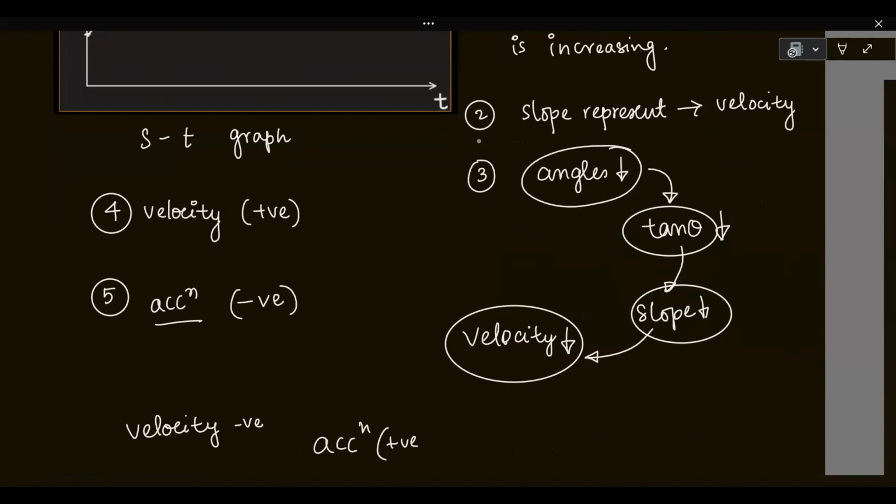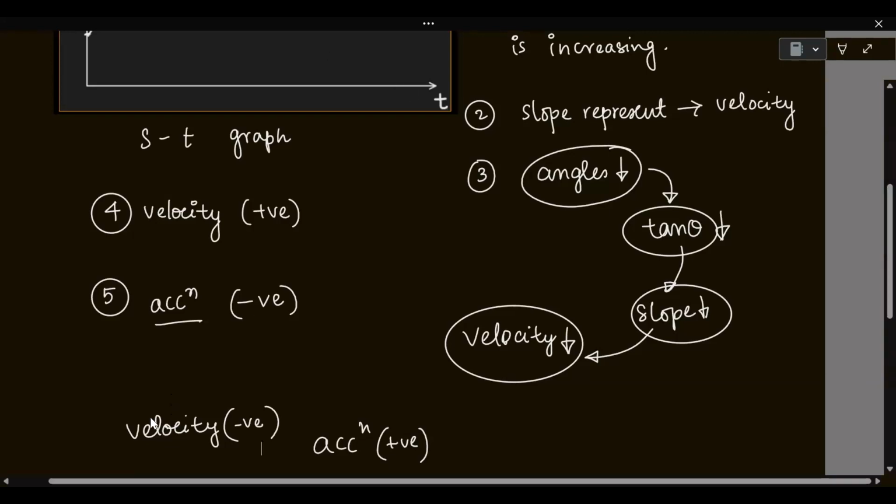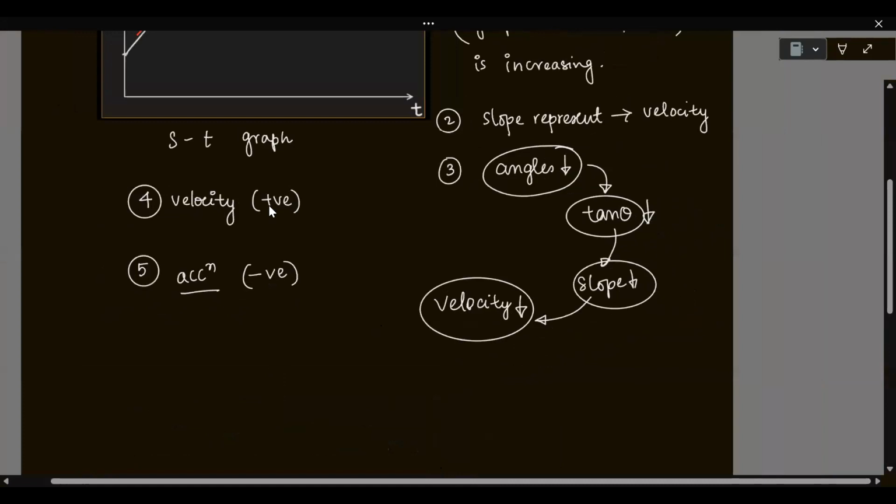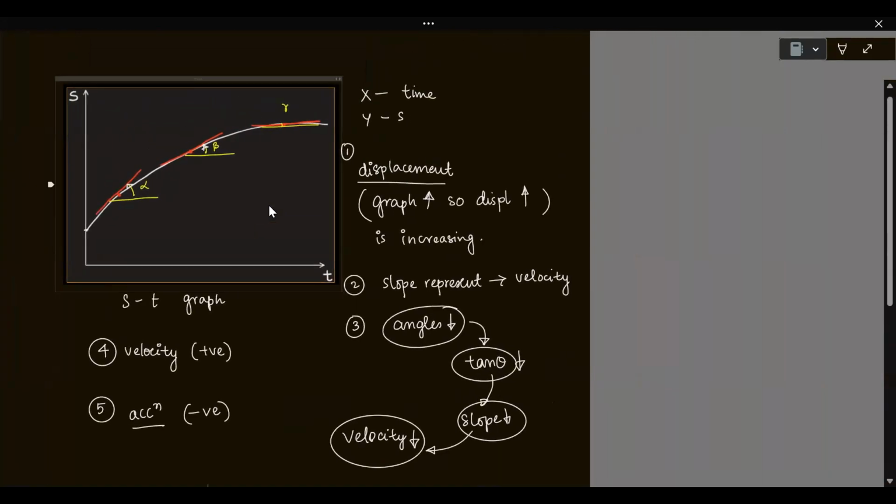Because if acceleration and velocity are in different directions, the body will slow down. If the magnitude of the velocity is decreasing, there's a retardation, and acceleration has to be in the opposite direction of velocity. Please let me know if you have any doubt regarding this. Otherwise, I'll do the next question.